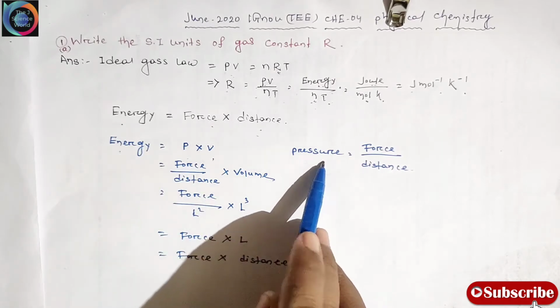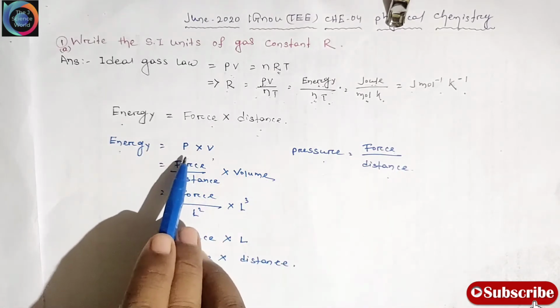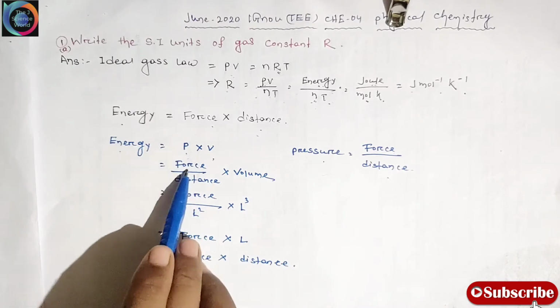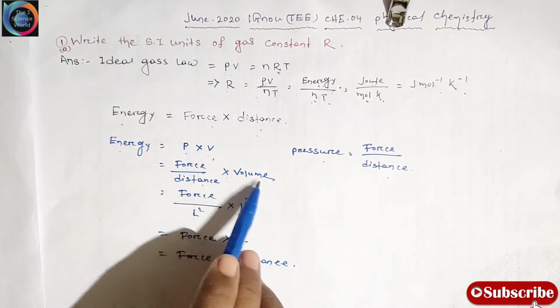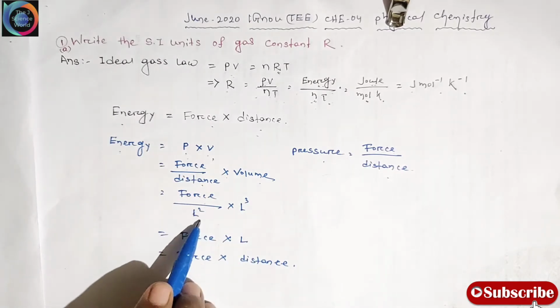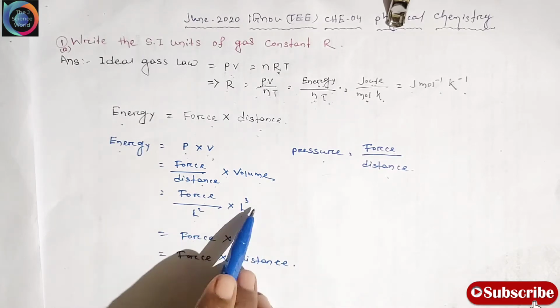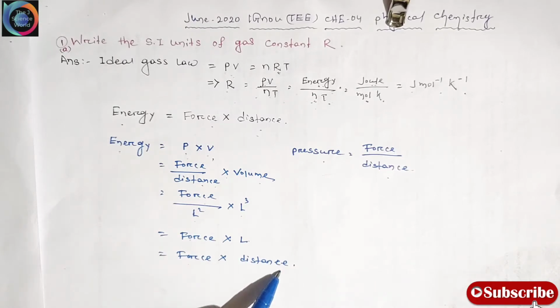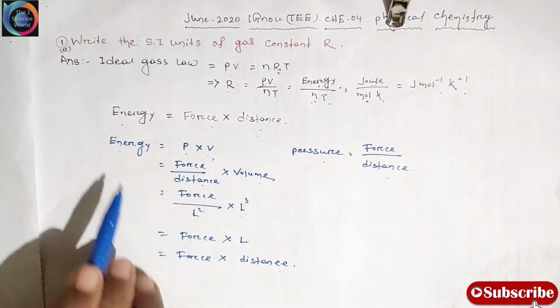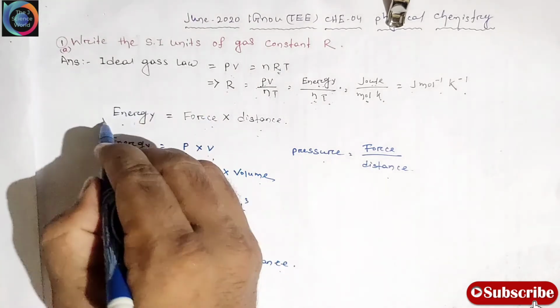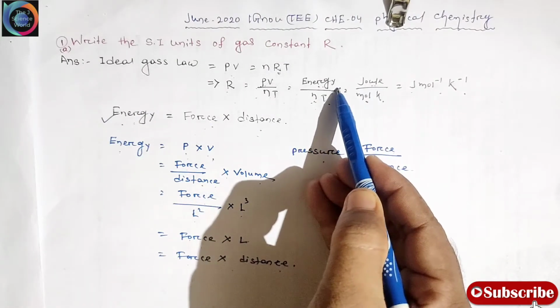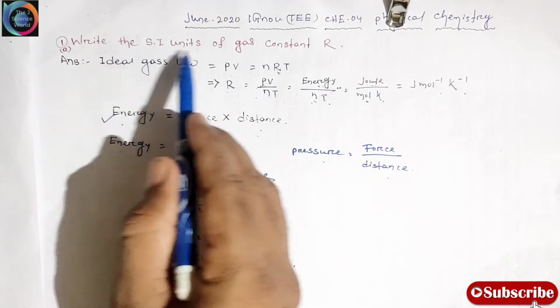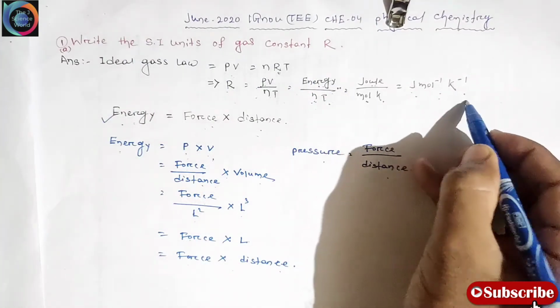Pressure is force by area, and volume is length cubed. The area is length squared, so one length cancels, leaving force into length, that is force into distance, which is energy. So the SI unit of the gas constant is joule mole inverse kelvin inverse.